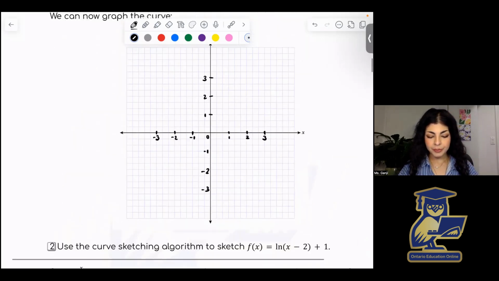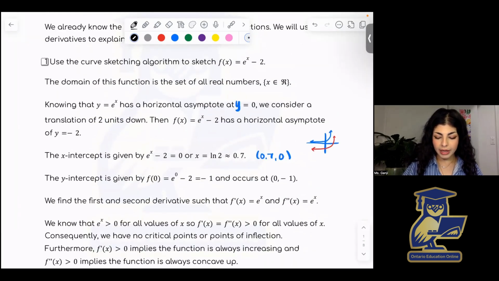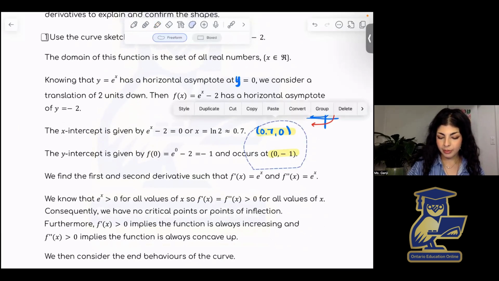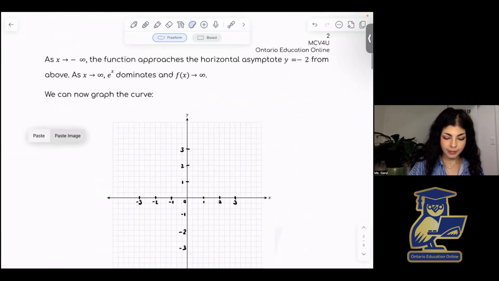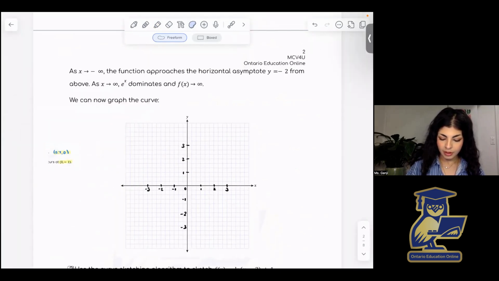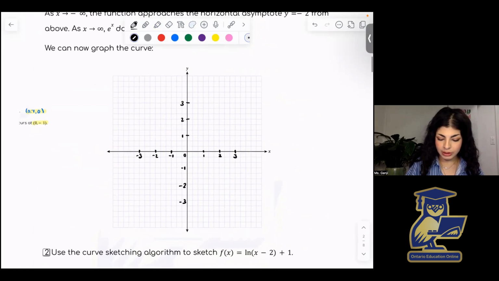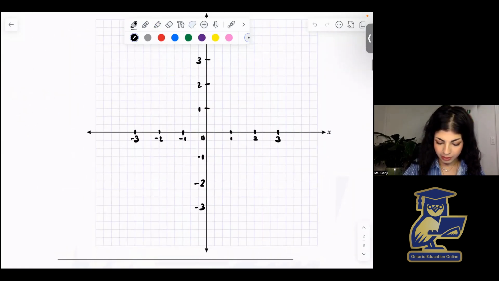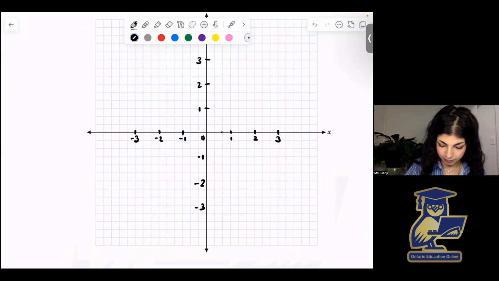Okay, there we go. So again, just going back here, we do want these 2 points. Okay, so approximately 0.7 is going to be right here.